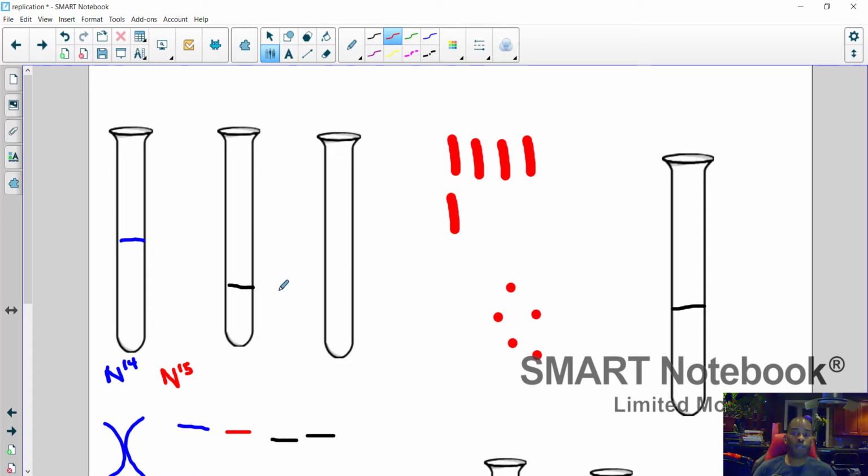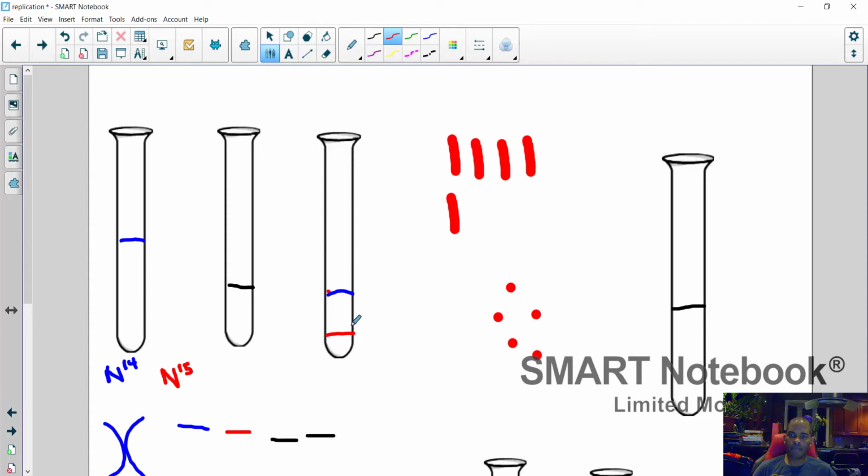You run it through several more rounds of replication. And what they found when they ran it through another round of replication is that there was a band here and there was a band here.